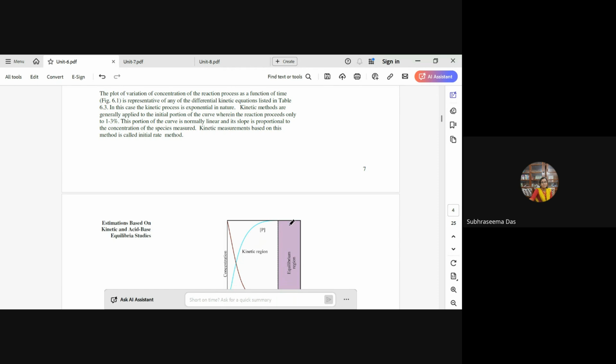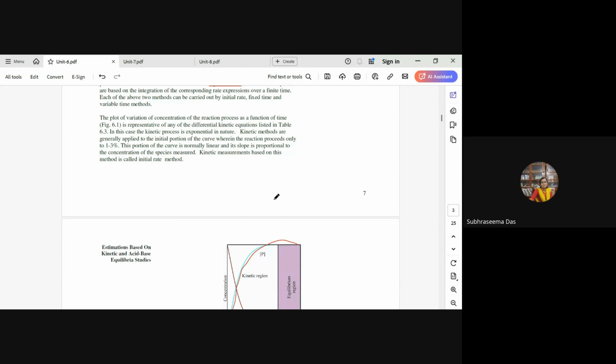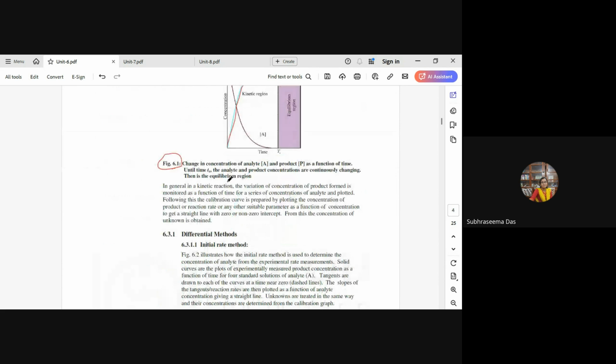When you look into this curve, that is the disappearance of A or the formation of the product P, this curve is exponential in nature. The kinetic methods that are generally applied to the initial portion of the curve, mostly ranging from 1 to 3%, are called the initial rate method.